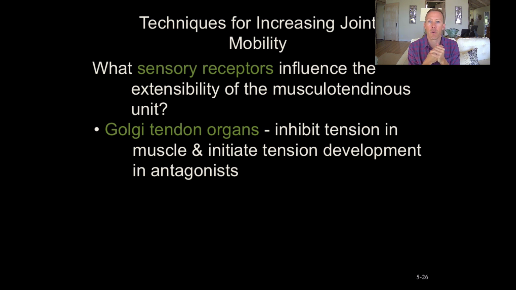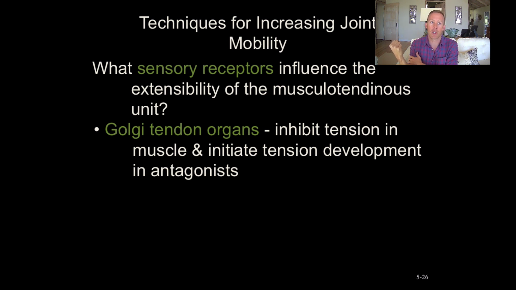And if you, for instance, were thinking about lifting a really heavy load with your biceps, the Golgi tendon organ would be in that musculotendinous unit for the biceps. And if it detected too much load to where you might damage the area, then it would inhibit tension. So if I'm squeezing my bicep and it looks like I'm going to hurt that bicep tendon, then the Golgi tendon organ will cause me to relax.